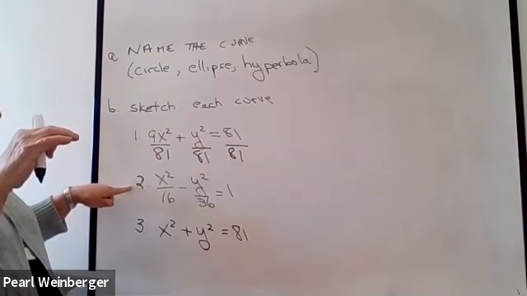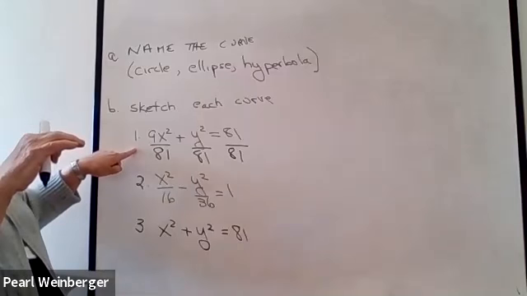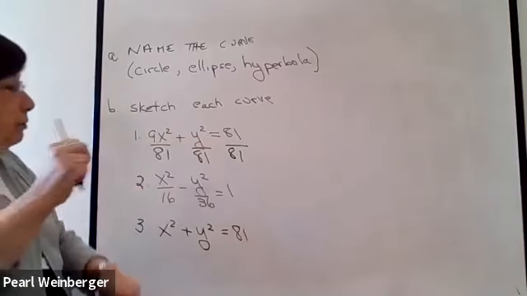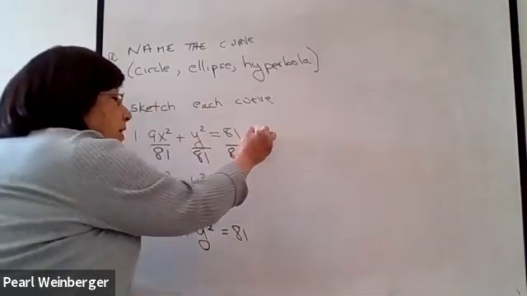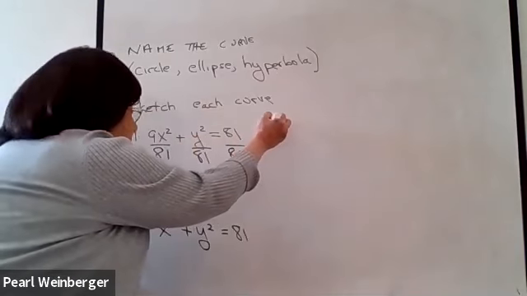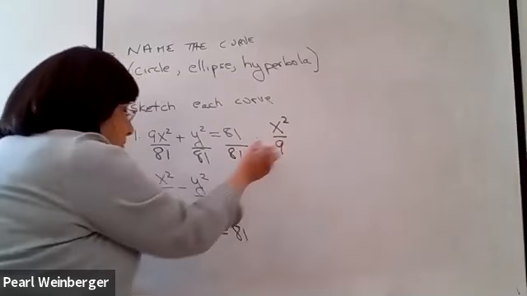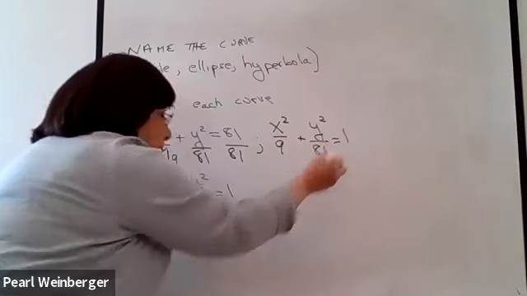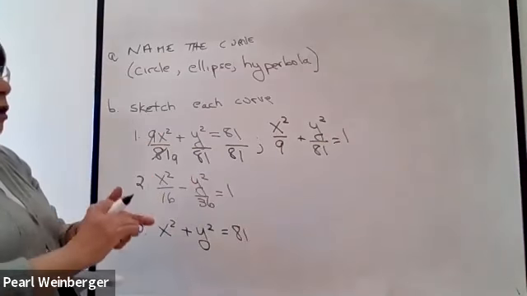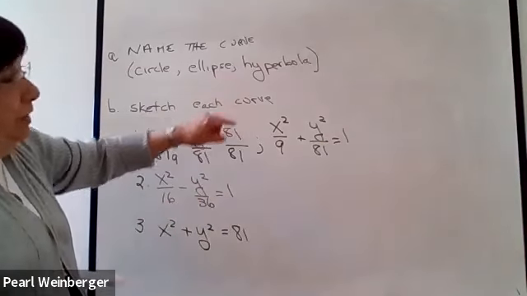Notice 2 is already in standard form, but 1 was not in standard form because it wasn't equal to 1. So what did you get in the end? X squared over 9 plus y squared over 81 equals 1.